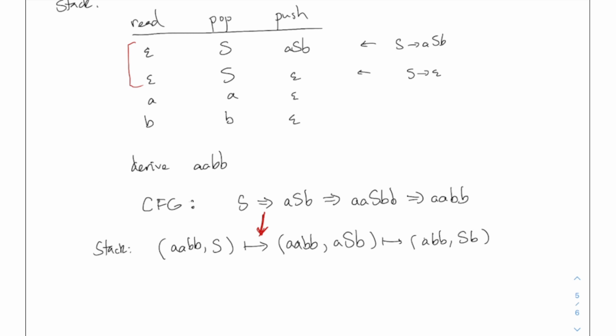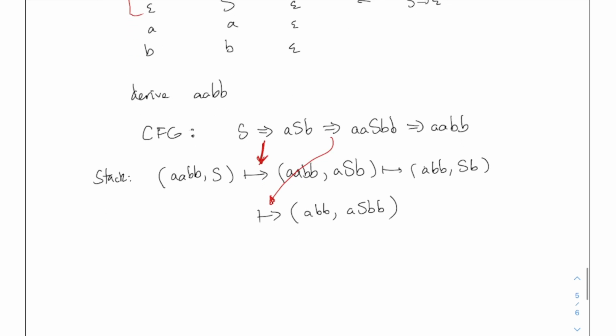So then next I'm going to do one of the real rules. Yeah, the grammar step would be S goes to ASB. I'm going to do the corresponding stack step, which is read epsilon, pop S, push ASB. So this now becomes ABB, comma, ASBB, like that. This is really that second grammar step happening right now on the stack.